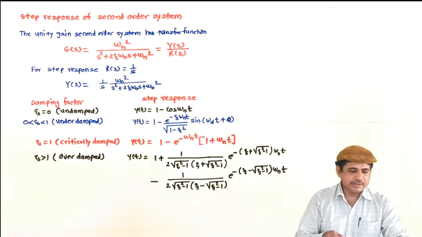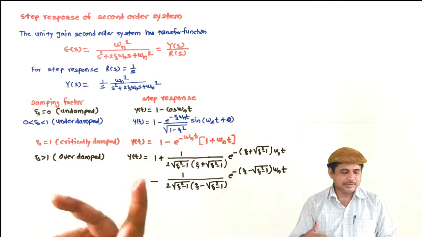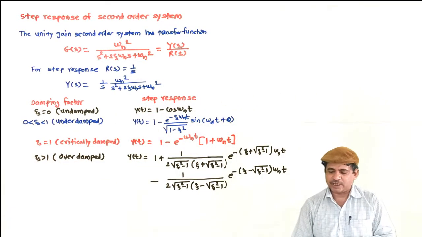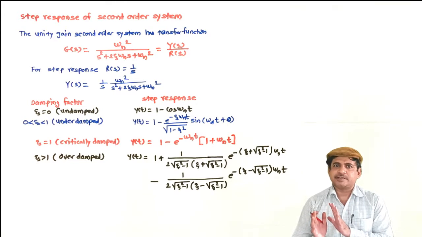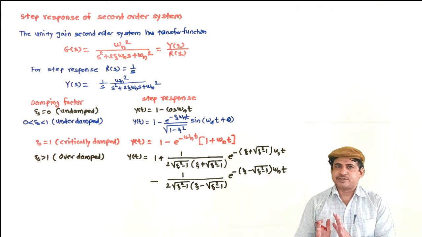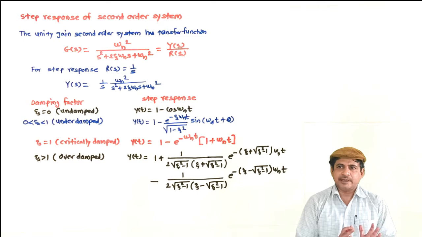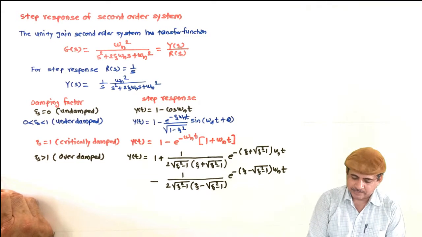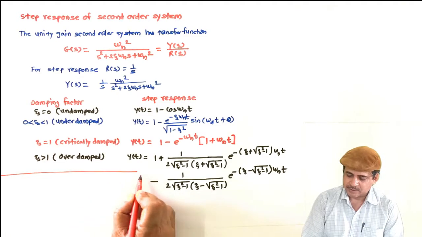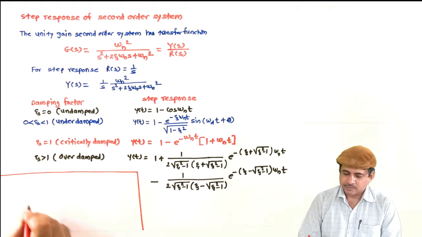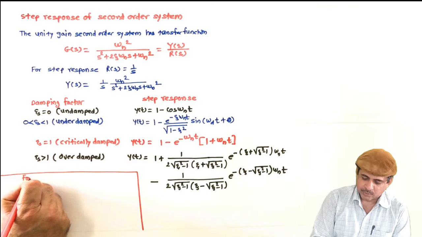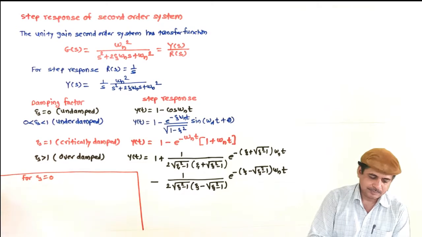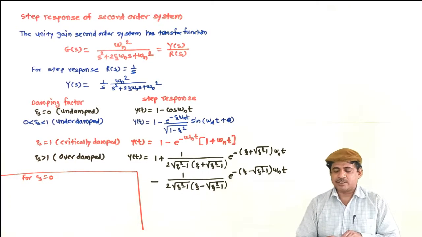And now if we try to sketch these responses, I will sketch the step response of undamped system separately and the remaining three in another view. So let me do it here. For zeta equal to 0, it is 1 minus cos omega n t.